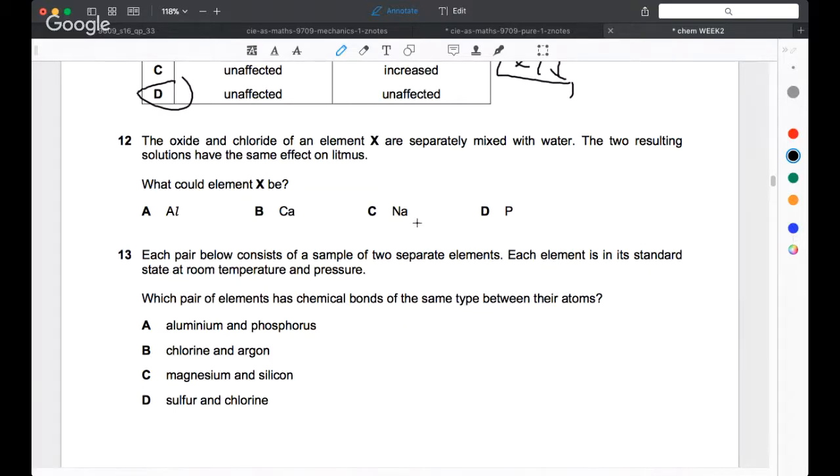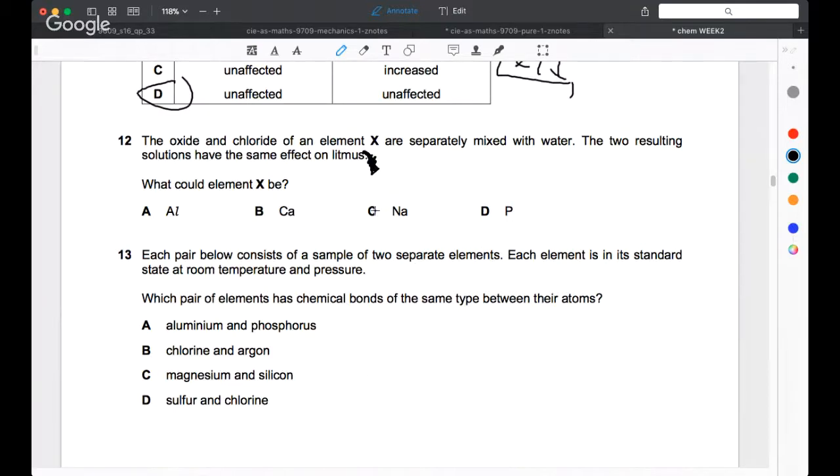Litmus paper changes color based on the acidity, right?